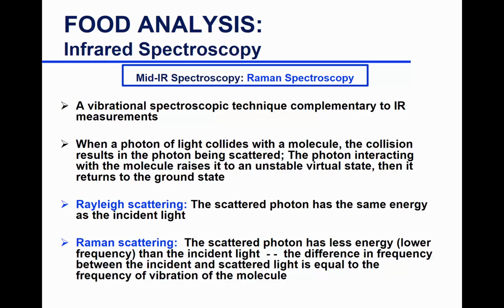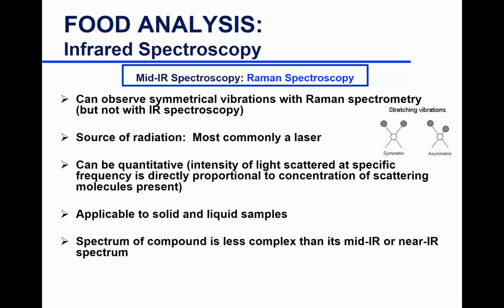So that is Raman scattering, and that light that is scattered, which is of a lower energy than the incident beam, is what's measured. So that's the difference between these two. It's a very unique tool and provides less complicated spectra than regular IR spectra, and provides valuable structural information.